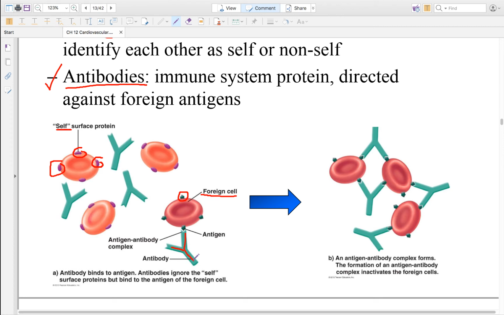This will take some time, but eventually there are going to be more than one antibody connected to that foreign antigen, and they make this antigen antibody complex that allows the immune system to red flag this whole situation and destroy it because it's foreign. It's not your body's, so your immune system assumes it's a threat.